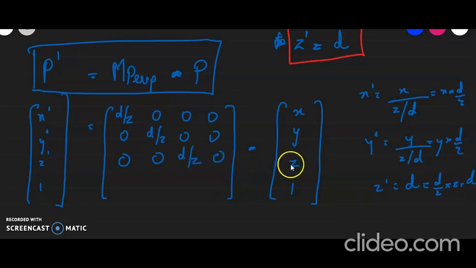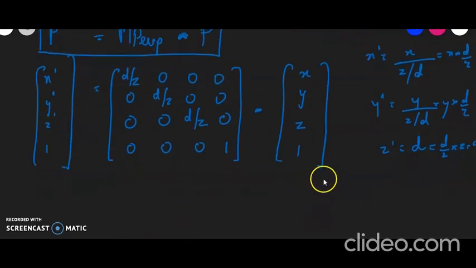And my last row becomes 0, 0, 0, 1. Yes, so this is my matrix, my M perspective matrix. That is your perspective transformation matrix.